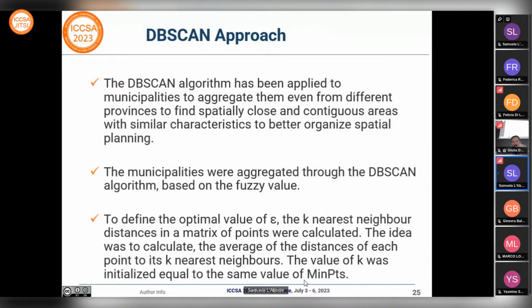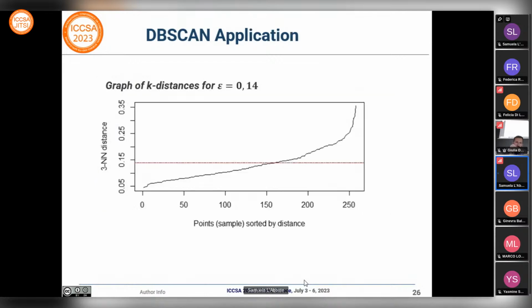The municipalities were aggregated through the DBSCAN algorithm based on the fuzzy value. To define the optimal value of epsilon, the k nearest neighbor distances in a matrix of points were calculated. The idea was to calculate the average of the distances of each point to its k nearest neighbors, and the value of k was initialized equal to the same value as MinPts.